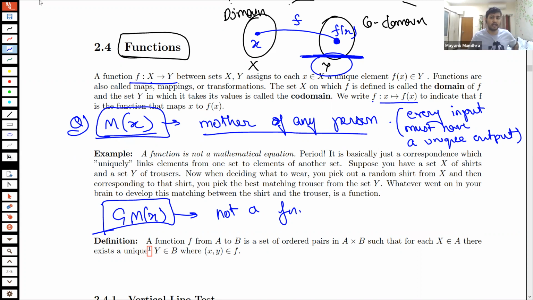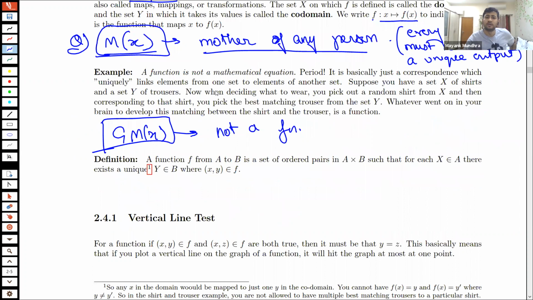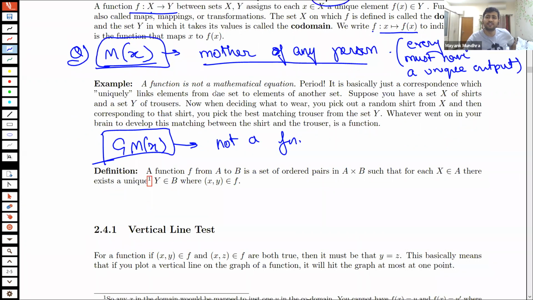So you can have more tax incidents now. The important thing for us to remember is that functions are not mathematical equations. That's what I want you to take away, that everything we are doing goes beyond maths.